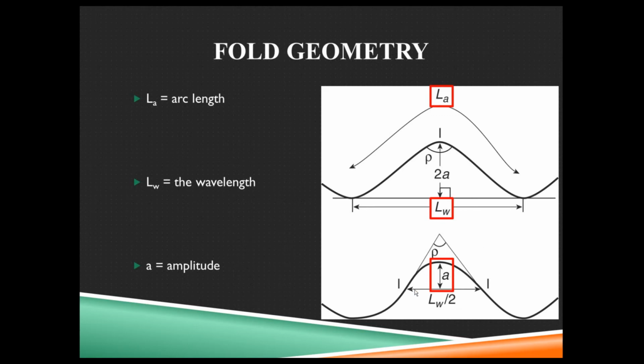And it's important to note that the line from, like if this is 0 elevation, say this is 10, and that makes the trough -10, the width of the fold right there is 1/2 of the wavelength. So L sub W divided by 2. And that height there to the peak gives you lowercase a amplitude.